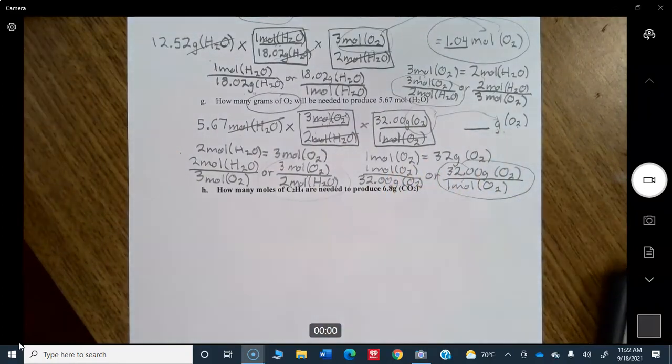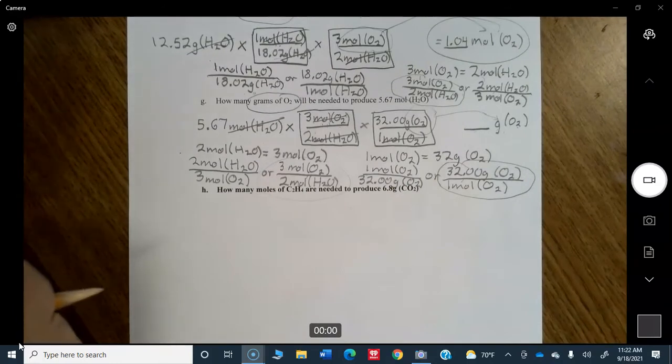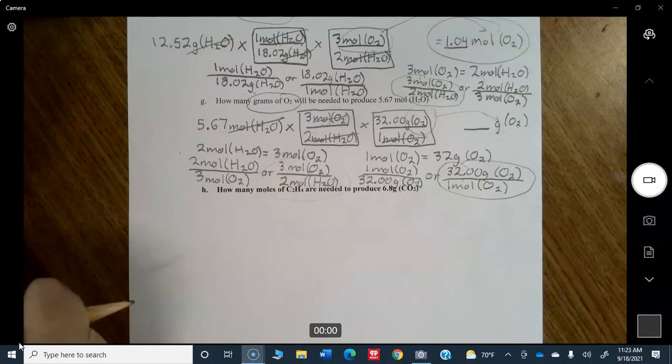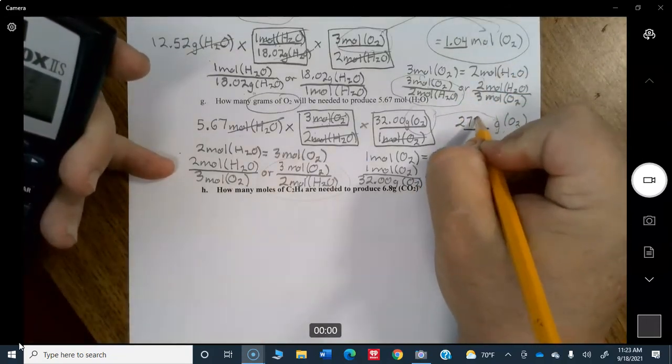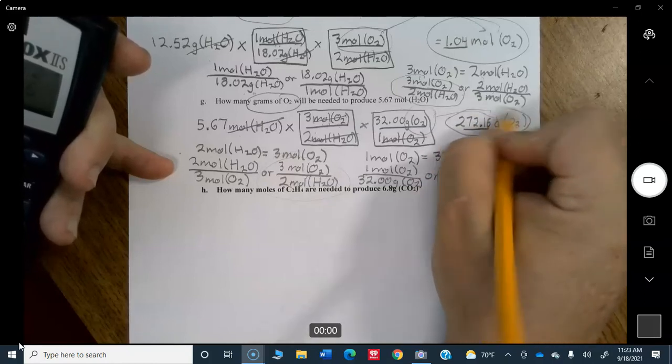So everything is set up. So multiply everything on the top. 5.67 times 3 times 32 divided by everything on the bottom, divided by 2, divided by 1, and that equals 272.16. Okay, and that's your answer for that.